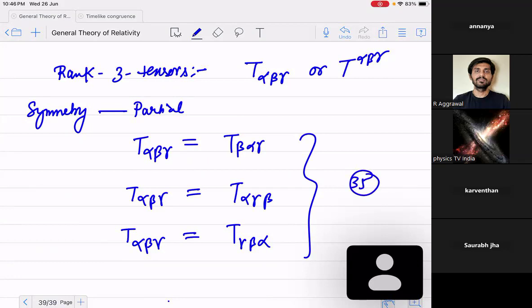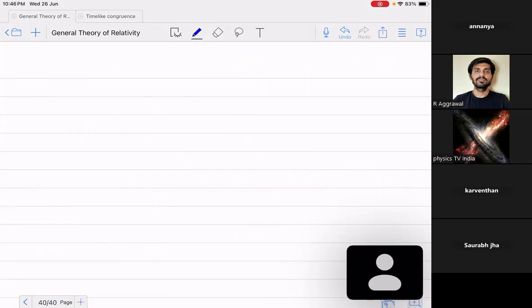Okay. It is a partial symmetric, and the fully complete symmetric tensor is this. T alpha beta gamma is equal to T beta gamma alpha is equal to T gamma alpha beta.